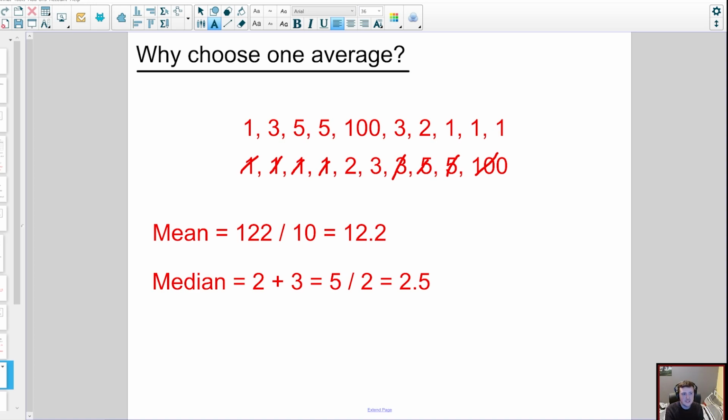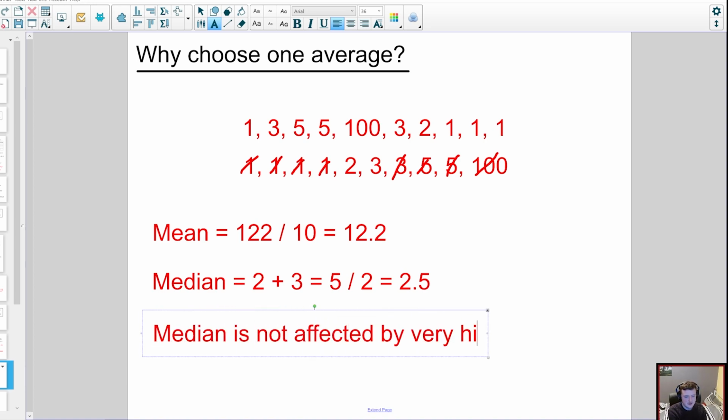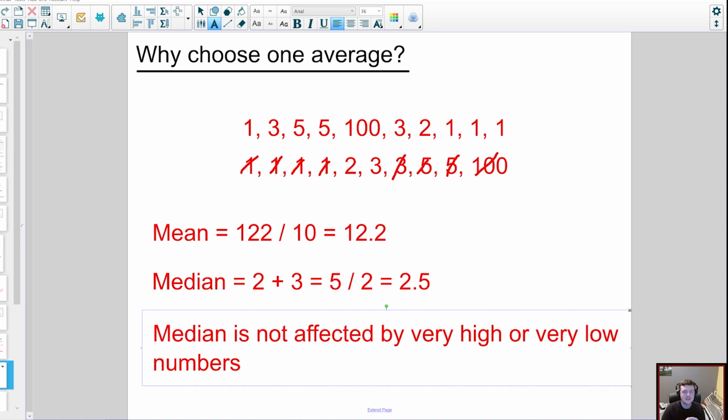But also what the median is good for is that it is not affected by very high or very low numbers. It doesn't care at all about the size of the numbers, because it's going to get put at the end anyway and then discounted as we cut down towards the middle.